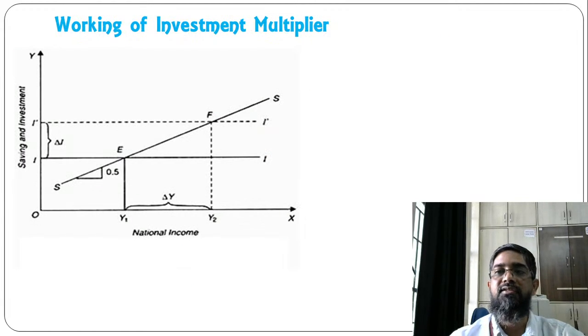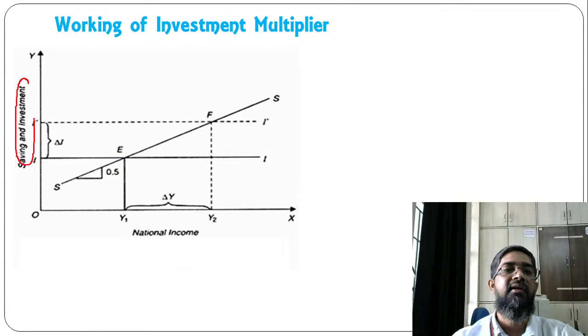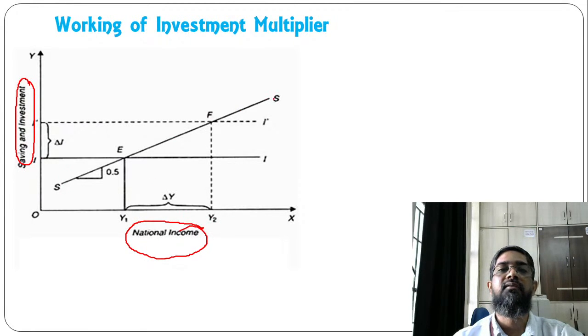Now let us quickly see, students, with the help of diagram, same thing can be shown with the help of investment saving diagram. Just look at here. On y-axis we have saving and investment, and on x we are having national income, and we have this as saving line, right?